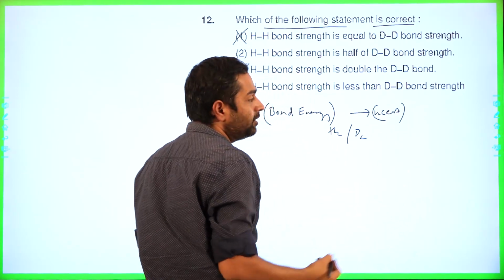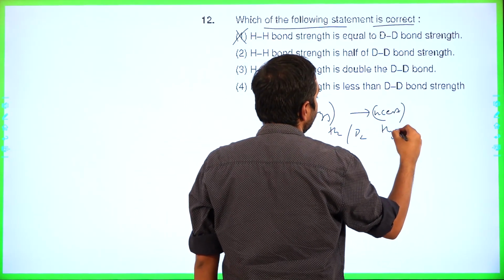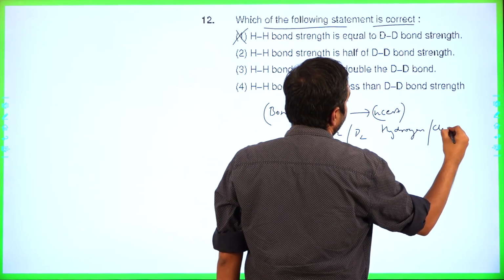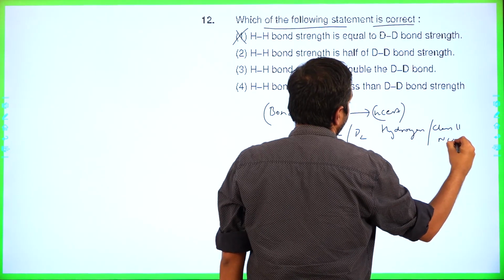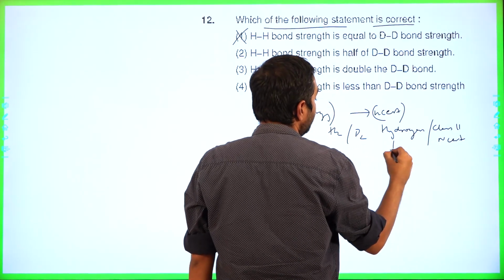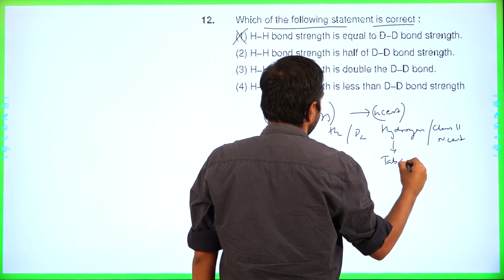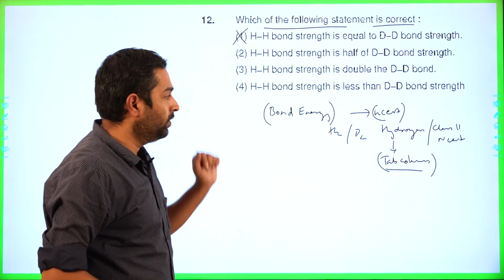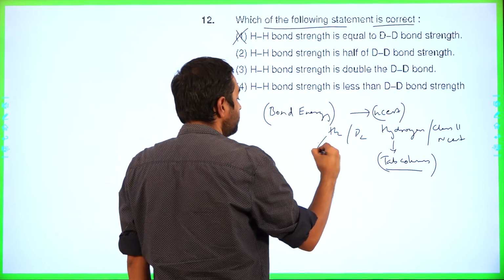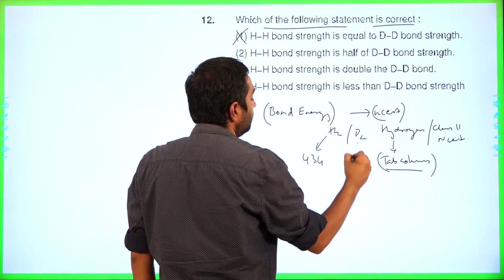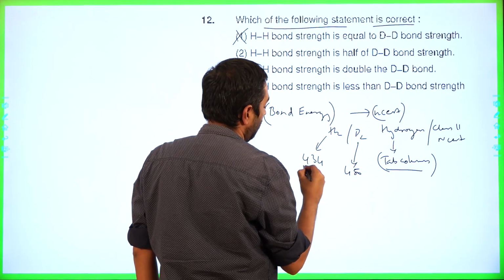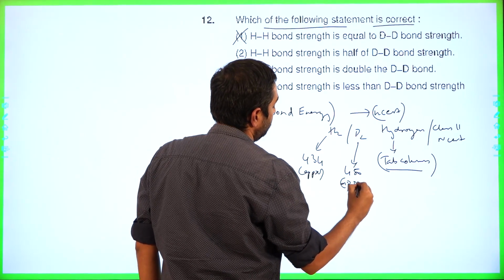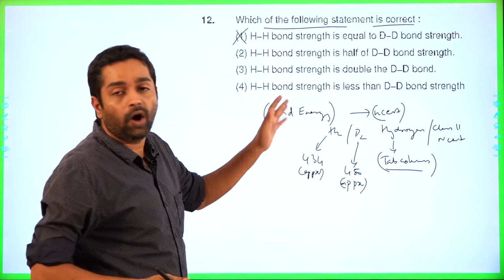It is available in the hydrogen chapter in class 11 NCERT, in a tabular column, by the way, where they discuss properties of H2 and D2. So the values, this is around 434, this is around 450, approx, of course. So this is pure data based.